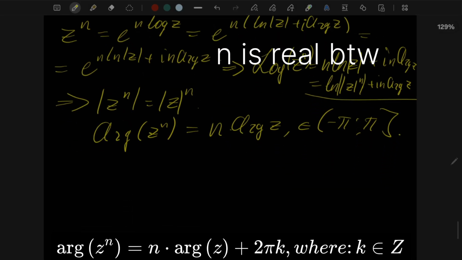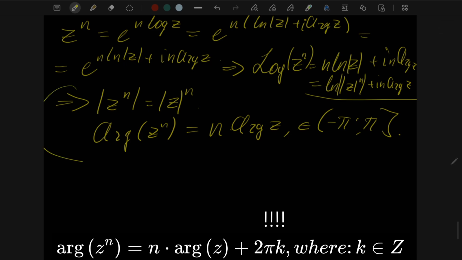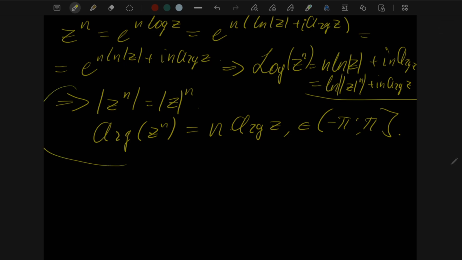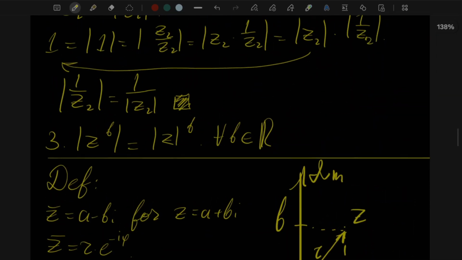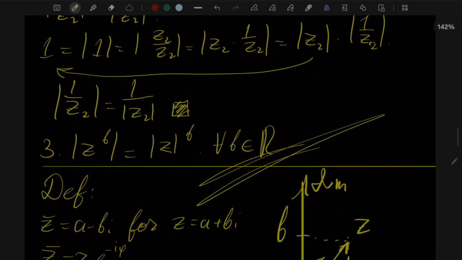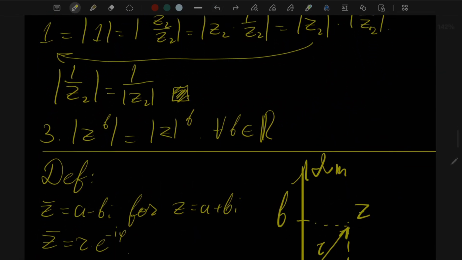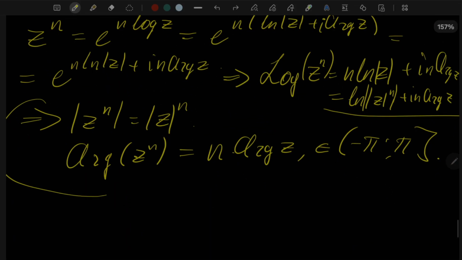And here we have proven the third property, or I think it was the third one, of our absolute values. And we have proven also the property of arguments, which is the same.